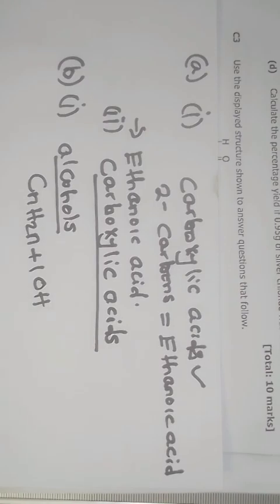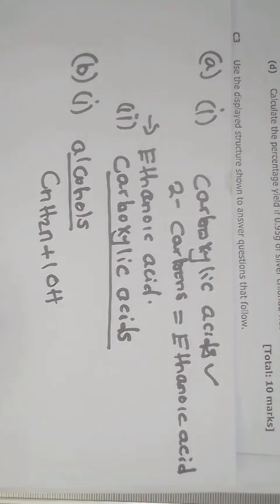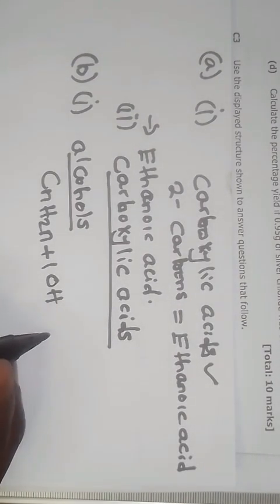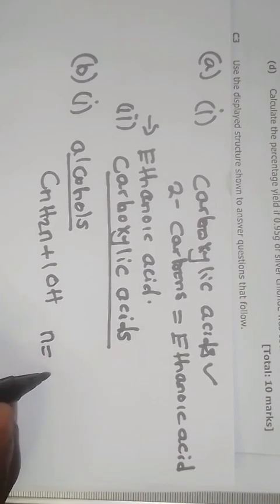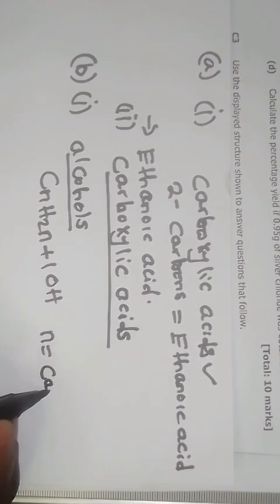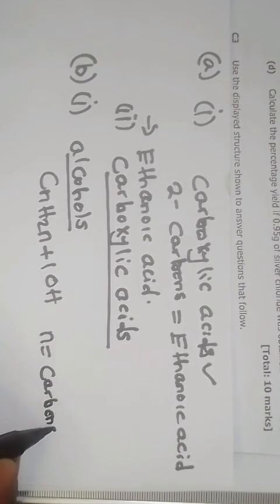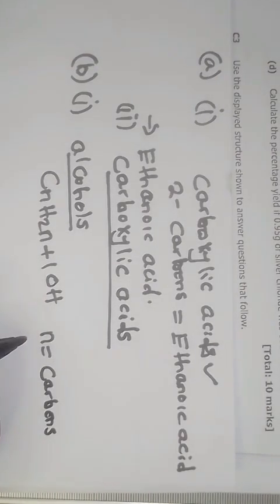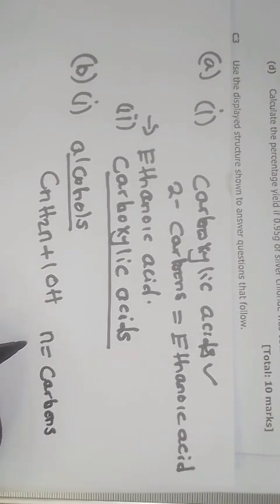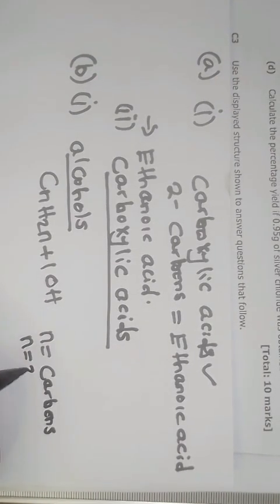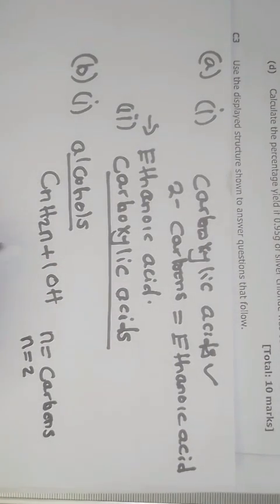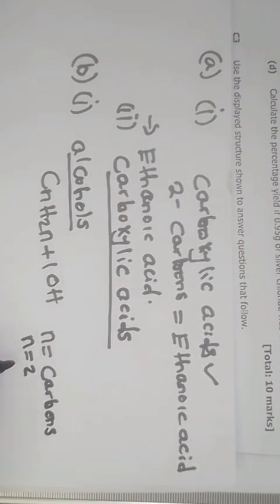Now this OH is simply the functional group. N means the number of carbons. So for ethanol, n equals 2. Where there is n in this formula, you put 2.